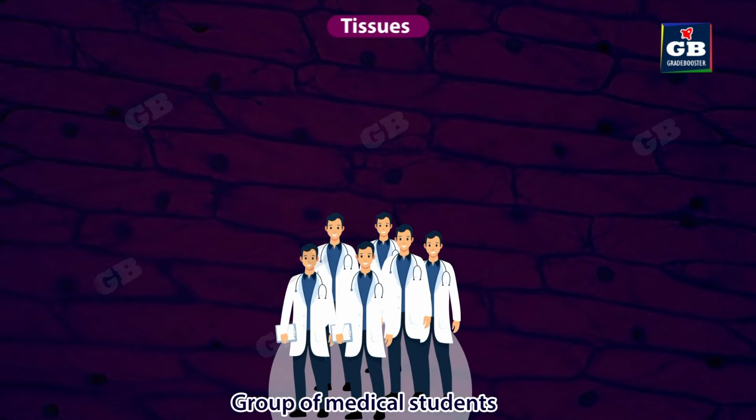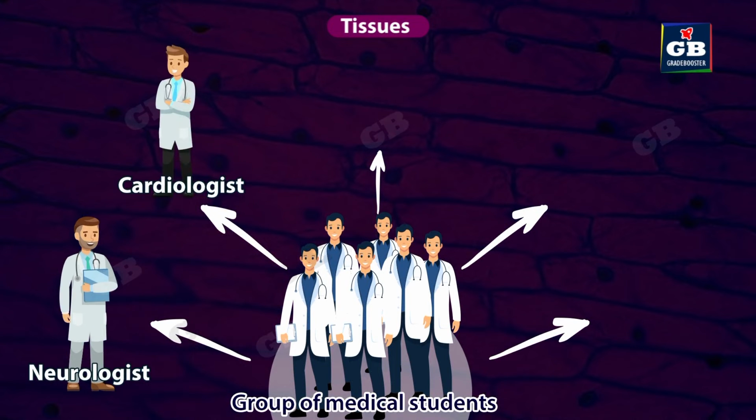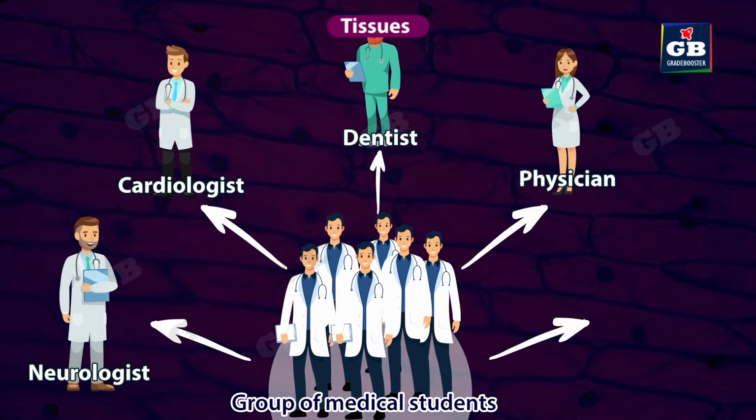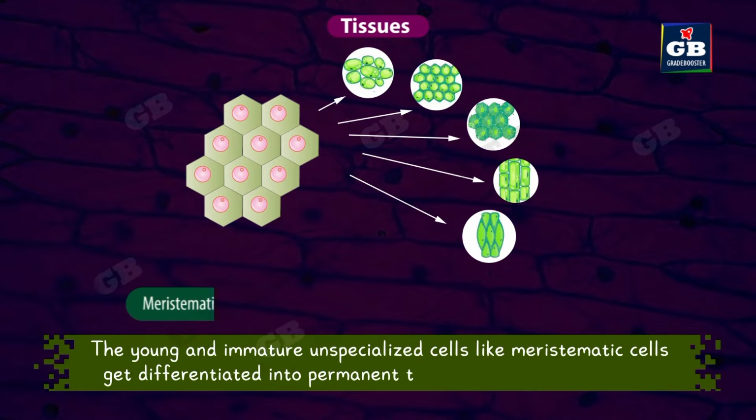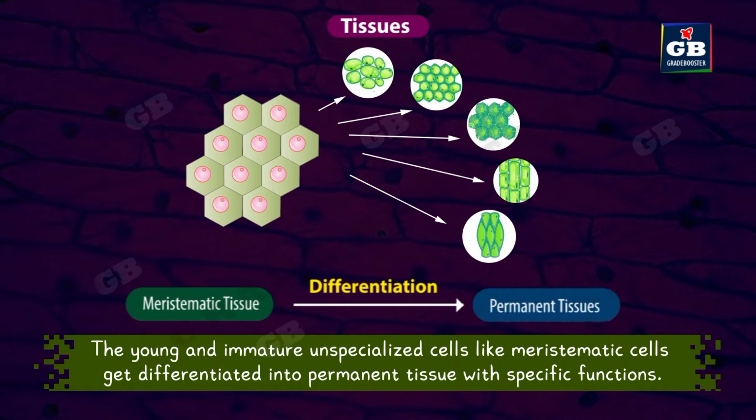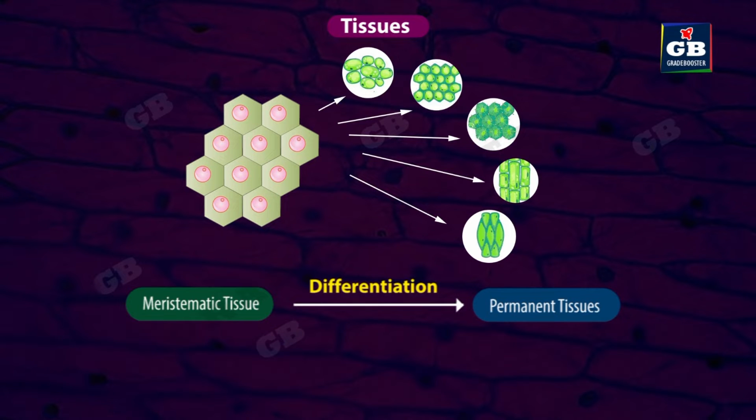We can compare the unspecialized cells to the students of medical college or university. After they graduate, they may take up a specialization and become a specialist. In the same way, the young and immature unspecialized cells like meristematic cells get differentiated into permanent tissue with specific functions.